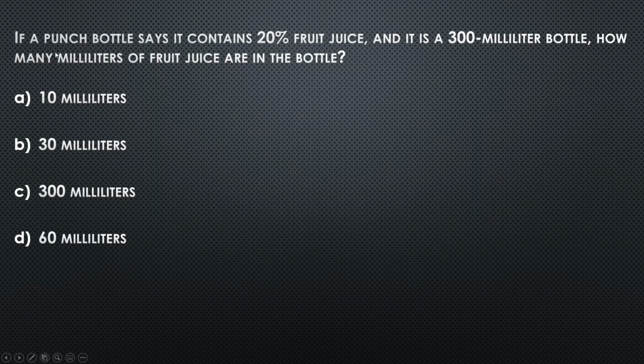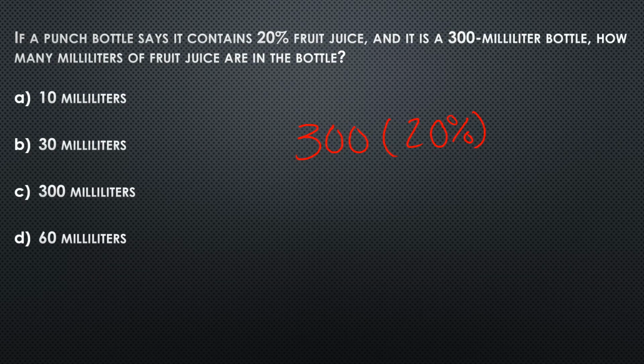Our next one says that a fruit punch bottle says it contains 20% fruit juice and it is a 300 milliliter bottle. How many milliliters of fruit juice are in the bottle? For this one, there's a simpler way to solve this, and it is to take our number, which is 300, and multiply it by our percent, which is 20. You have to remember here that you need to change your percent to a decimal first.